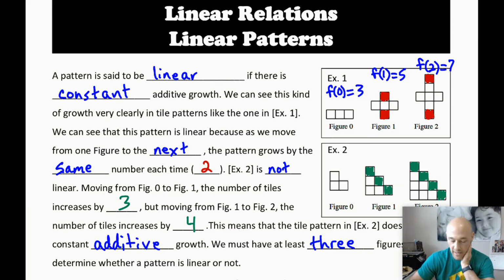Well, if we take the figure number and add 3, that doesn't work. Here we have to take the figure number, multiply it by 2, and then add 3 to get the number of tiles. If we take the figure number 2, multiply by 2 and add 3, we get the number of tiles. So it looks like we're taking the figure number, multiplying it by 2 and adding 3.